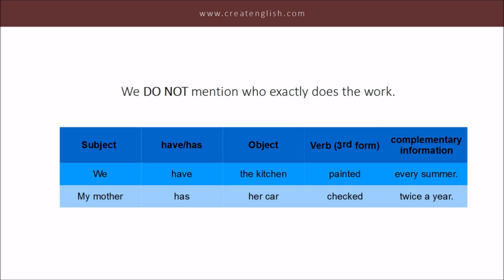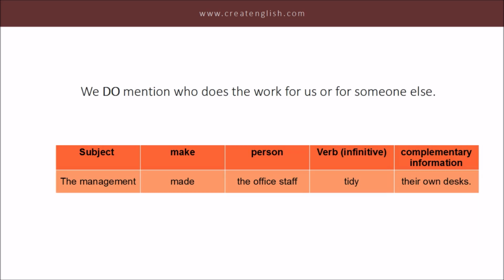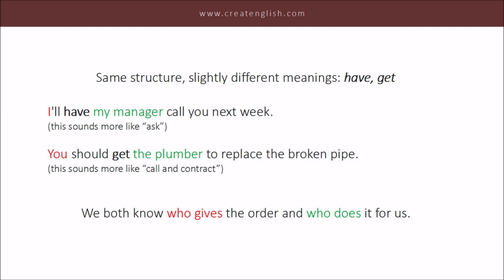If you go back to this slide, you see here, we have the kitchen painted, third form. While here, the management made the office staff tidy the desks. That's the infinitive form. Also, the order is subject, make, and the person who receives the order. So the subject is who gives the order and the person is who receives the order. So just pay attention to that.